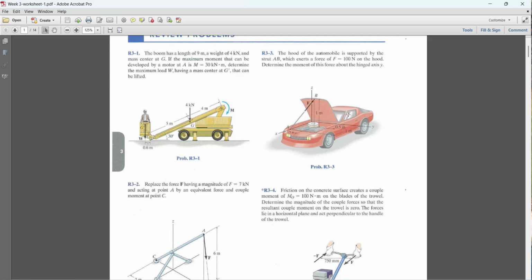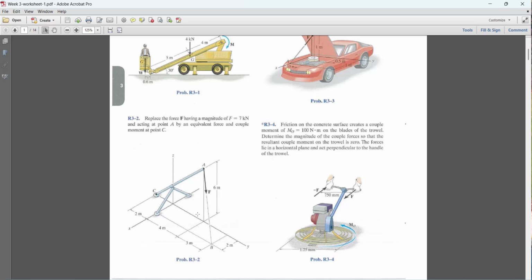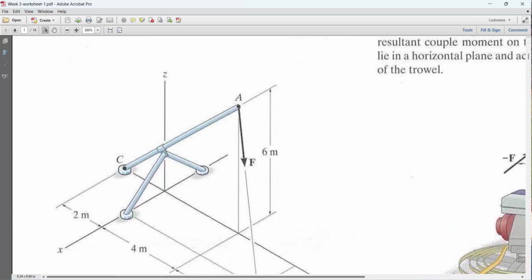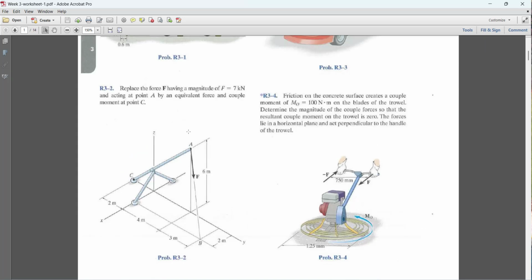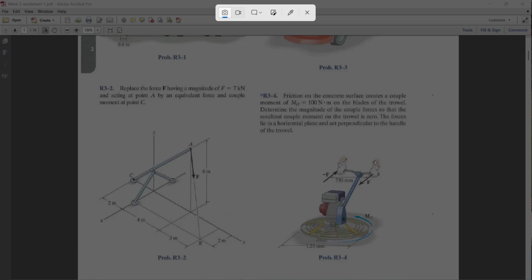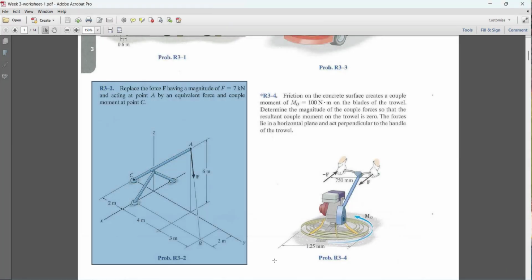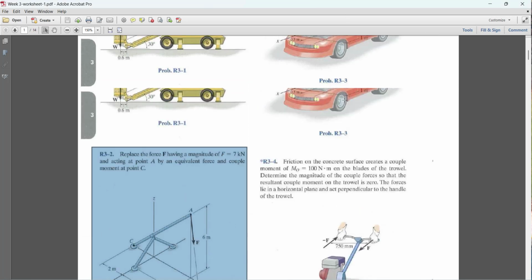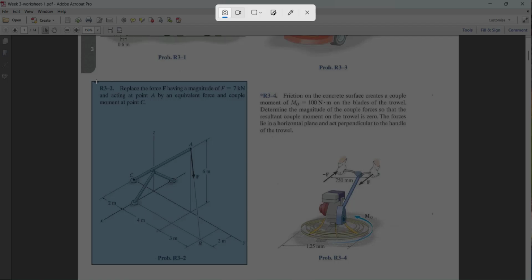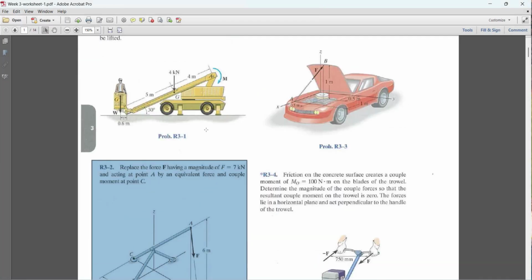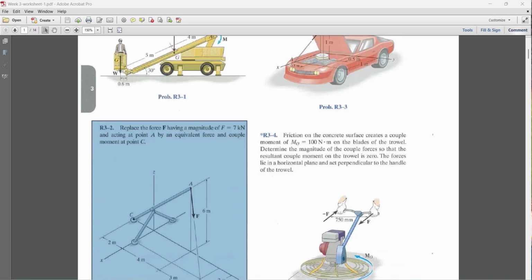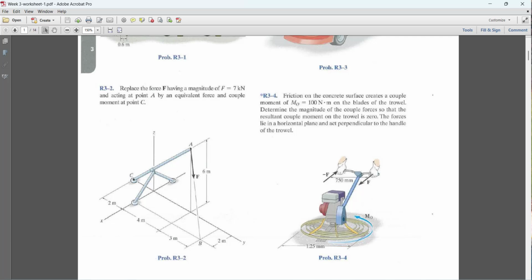So for example, let's have a look at this demonstration problem that is taken from Hibbeler, 5th edition SI. It's a review problem on page 172.